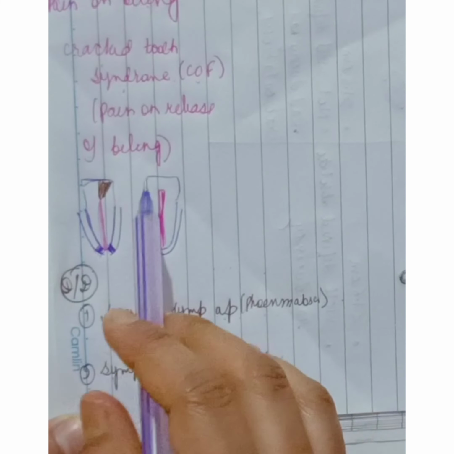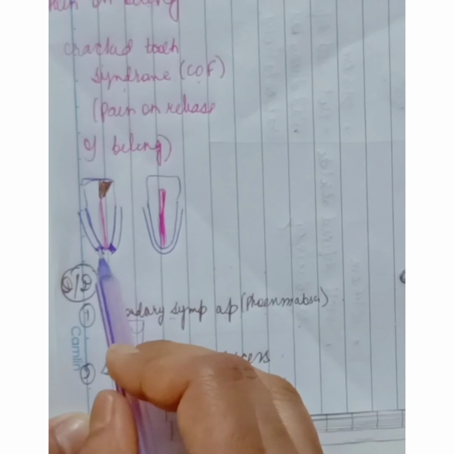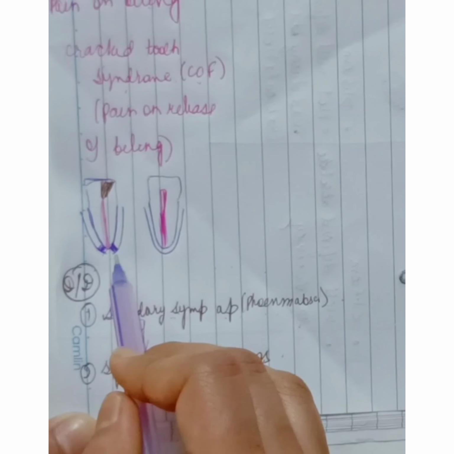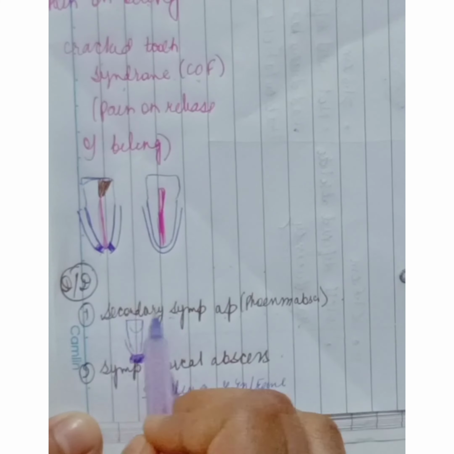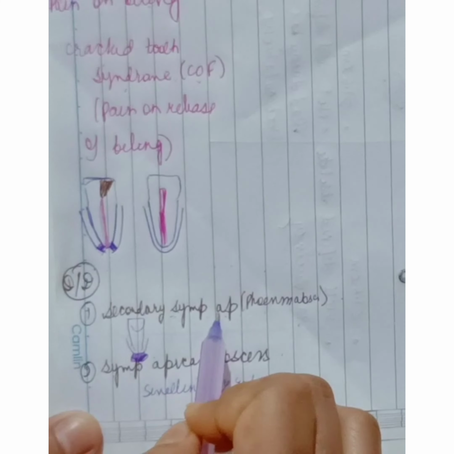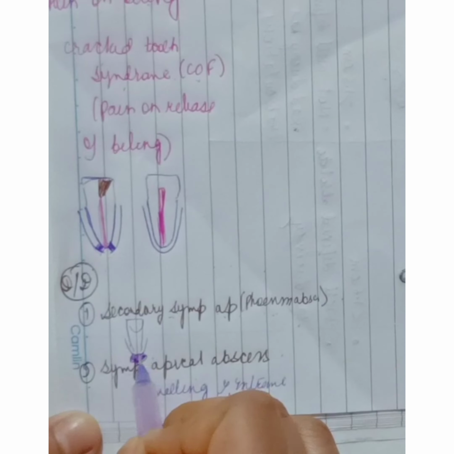So in primary symptomatic apical periodontitis, there was widening of the pedial space and breakage of lamina dura, but no periradicular radiolucency.